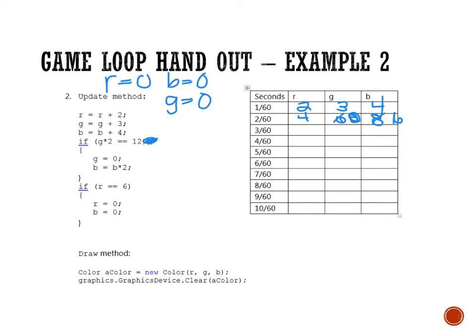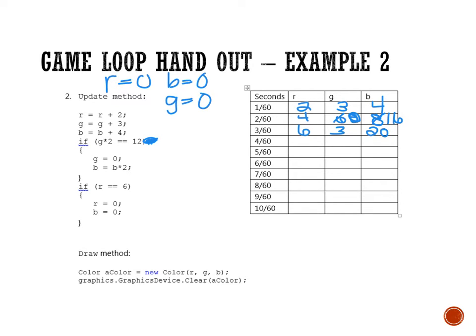Now from here, I'm going to run the third 60th of a second. So I'm going to go through, okay, R is equal to 6. G is now equal to 3. B is adding 4, so that's now equal to 20. Remember that was 16 earlier. My 1 and my 6 kind of blended together. And then from here, okay, G times 2 equals 12?